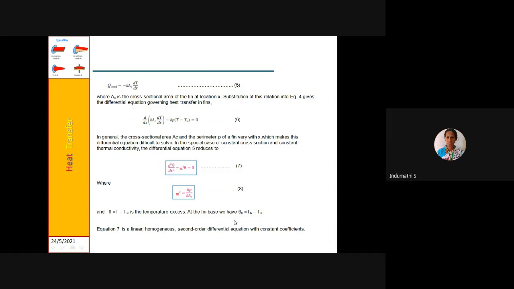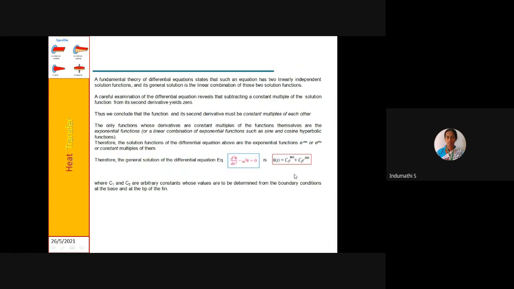At the fin base, we have theta B is equal to TB minus T infinity. So equation 7 is a linear homogeneous second order differential equation with constant coefficients. Now, a fundamental theory of differential equations states that such an equation has two linearly independent solution functions, and its general solution is a linear combination of those two solution functions.